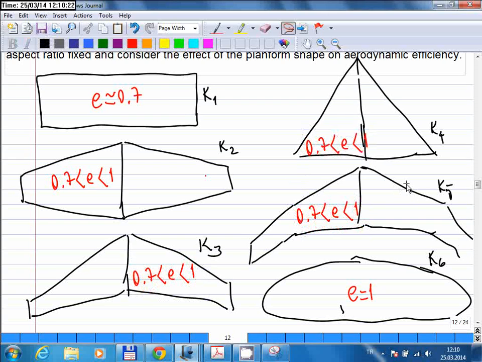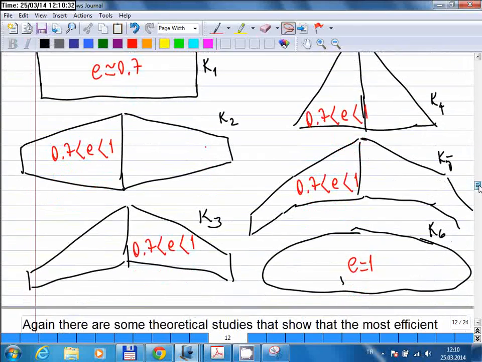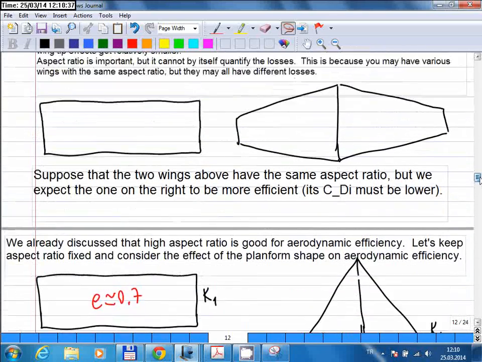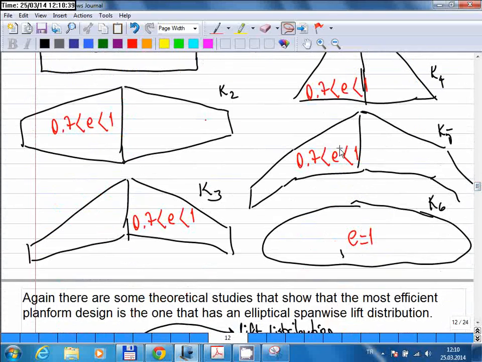Okay? So if you are given an aircraft, if you want to study the performance of an aircraft, to use the drag polar information, you need to know this E number.